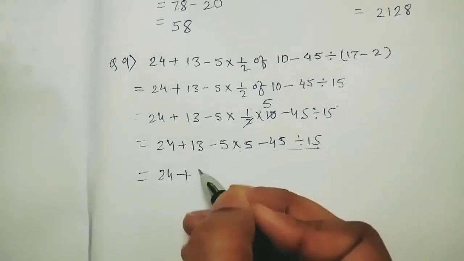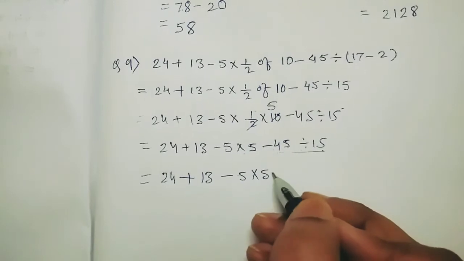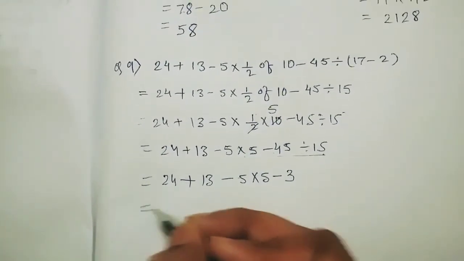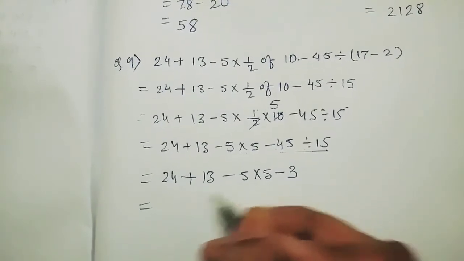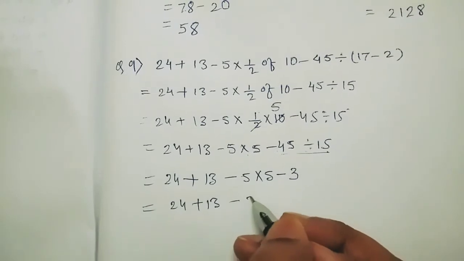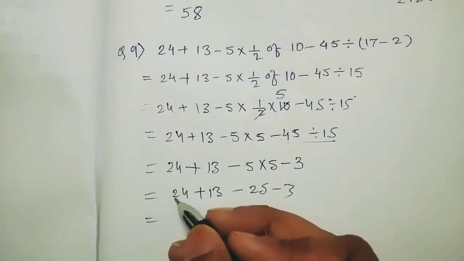24 plus 13 minus 5 into 5 minus 45 divided by 15 is what? 3. Okay, now we will perform what? Multiplication here. So 24 plus 13 minus 5 5s are 25 minus 3. Now what? Now addition, these two addition.